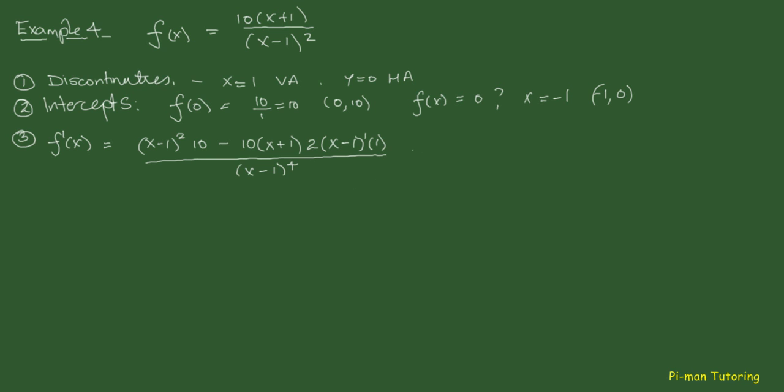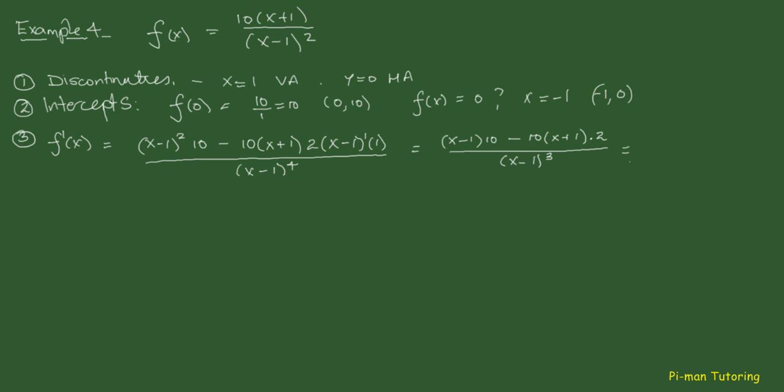Now we can simplify this expression. We've got a common factor of x minus 1, top and bottom. So we can divide each term by x minus 1. The first term reduces to this. Second term reduces to 10 into x plus 1 times 2. And that is all now divided by x minus 1, now to the power of 3, because we cancelled one x minus 1 term top and bottom.